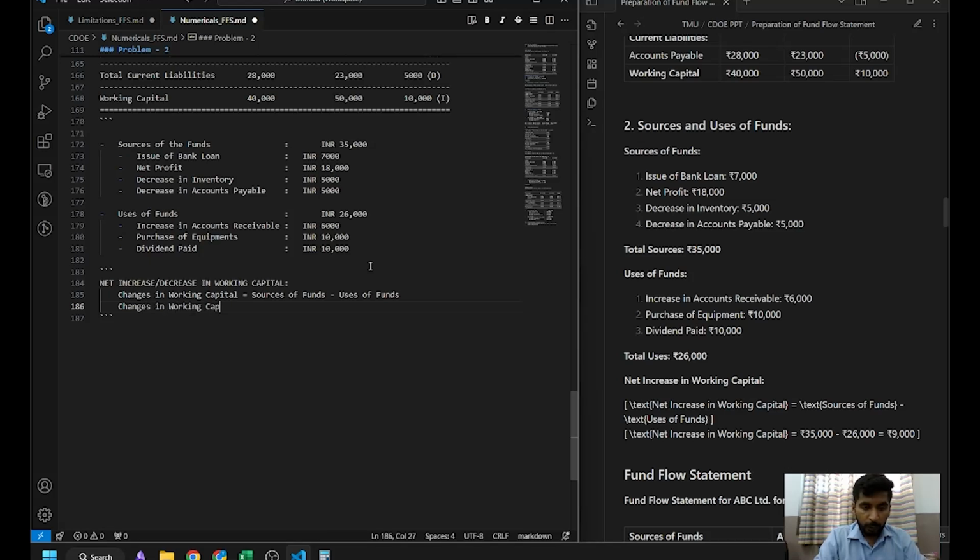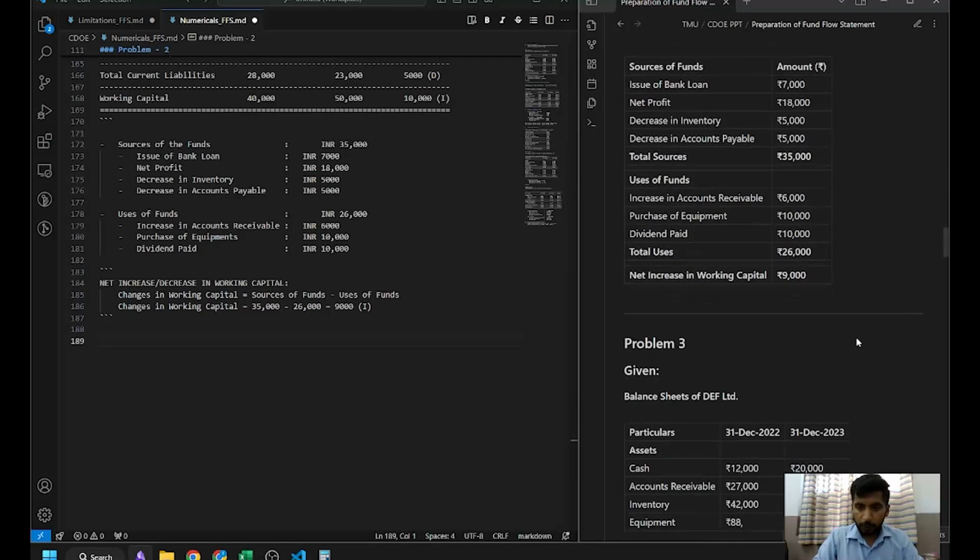Changes in working capital equals 35,000 minus 26,000, that is equivalent to 9,000 increase. Okay.